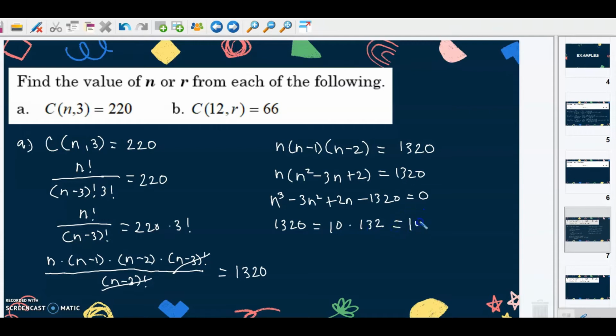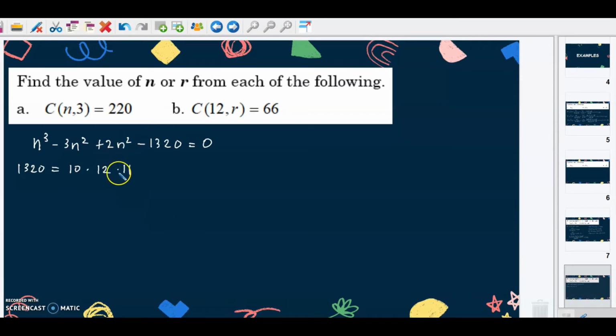This is equal to 10 times 12 times 11. Since 132 has factors of 12 and 11. So we're going to try these three factors of 1,320, and let's check whether one of these is the value of n. So let us now try if 10 or 12 or 11 is the value for n.